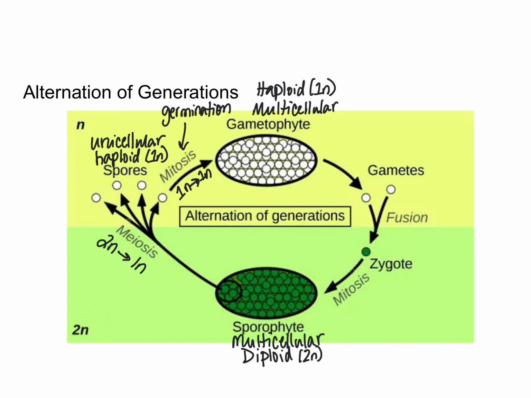Those cells can then go through mitosis, and because they are haploid, they produce other haploid cells that are called gametes. And gametes are going to be things like egg and sperm.